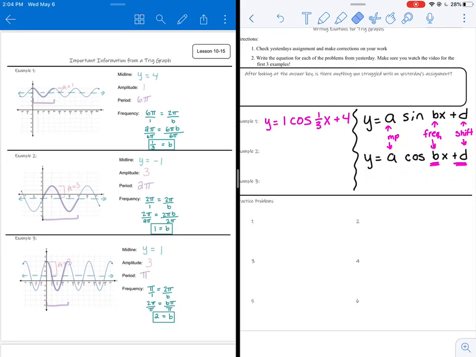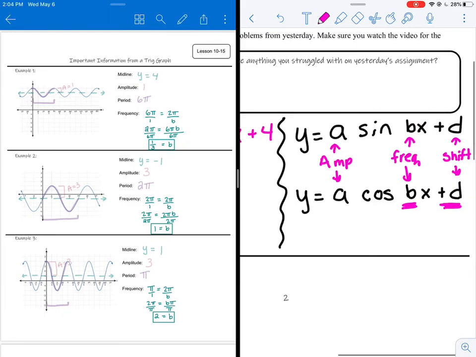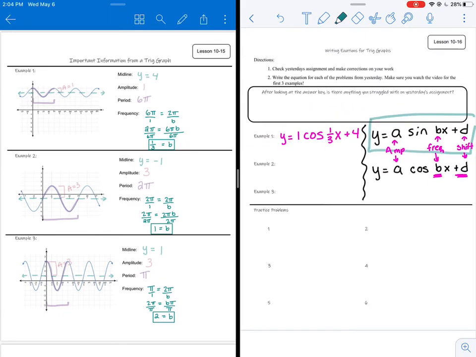So let's take a look at the second example. So our second example, this is a sine function. So I'm now looking at this top one. Again, start with y equals. Our a value is our amplitude. So look at example 2, find the amplitude.